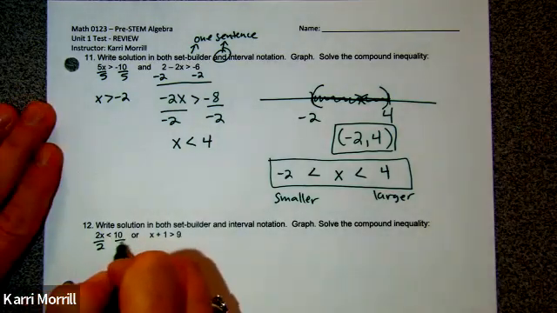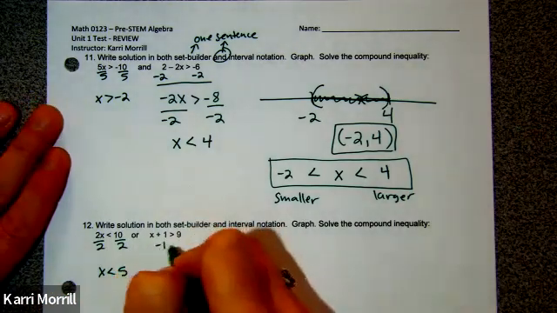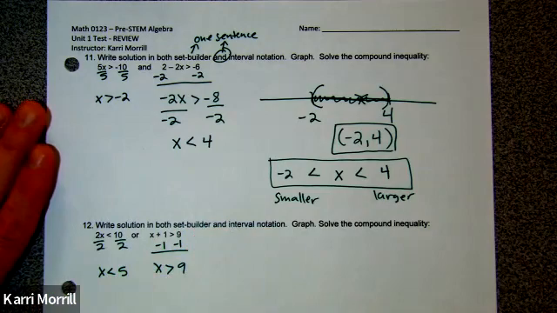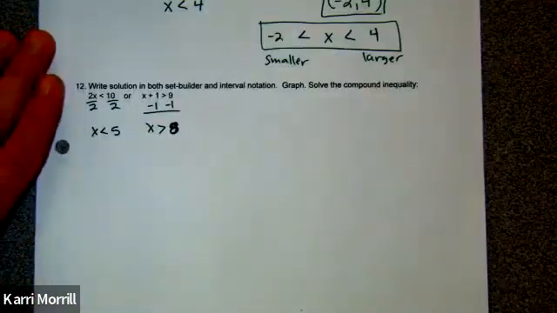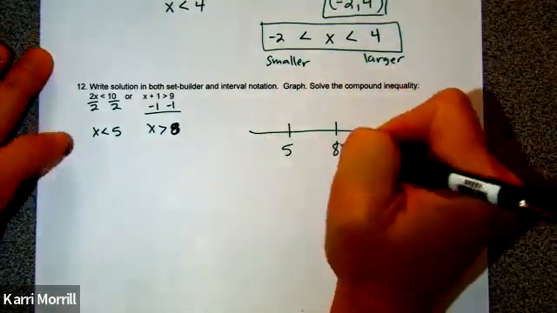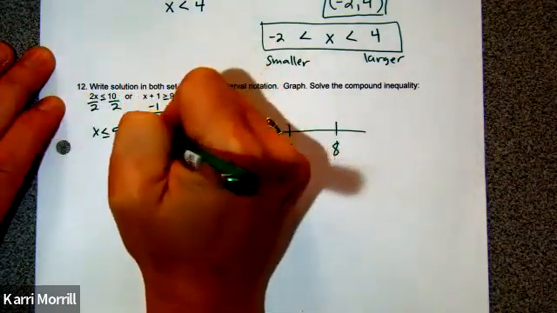This one you're dividing by 2, so x is less than 5. And here you're subtracting 1, x is greater than 9. I do that stuff quite a bit. So let's do or equal to just so that we can practice that.